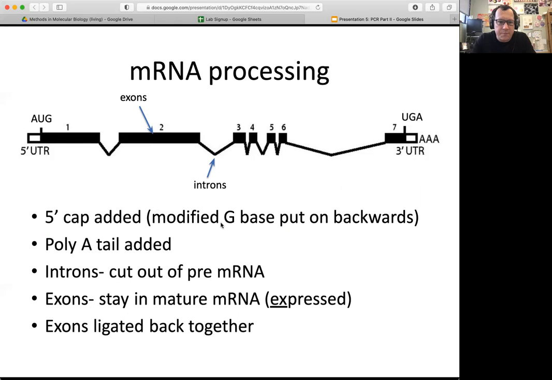It's a modified G base put on backwards. And then we have a little bit of messenger RNA that's not encoded into protein. Then we have what's called the protein coding region, also known as an open reading frame.